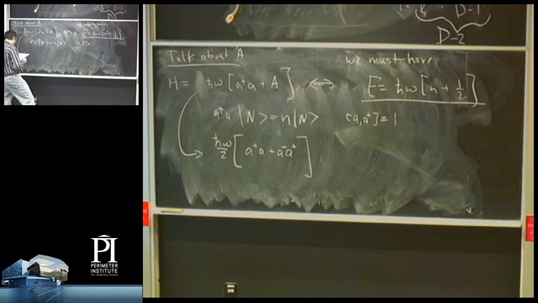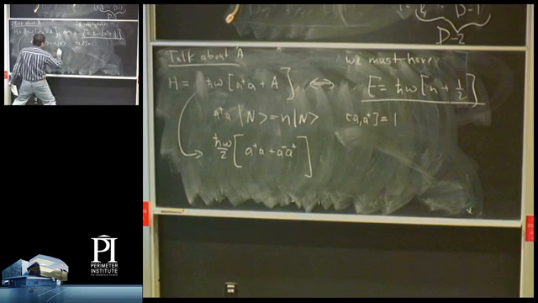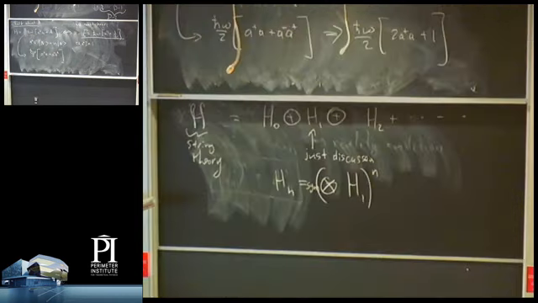The idea that comes from the simple harmonic oscillator is that when we have a product of raising and lowering operators, all I have to do is take a symmetric ordering of these operators.